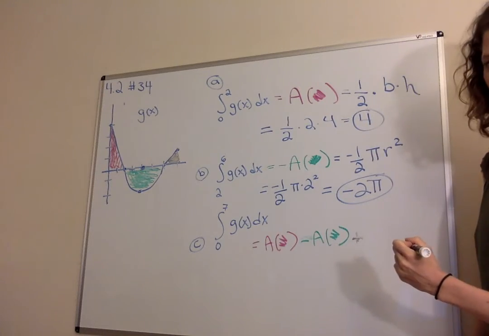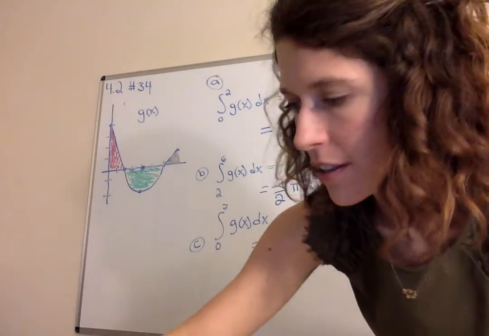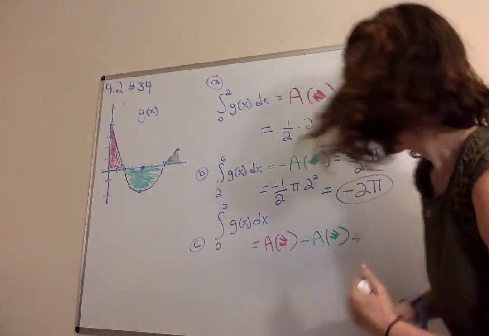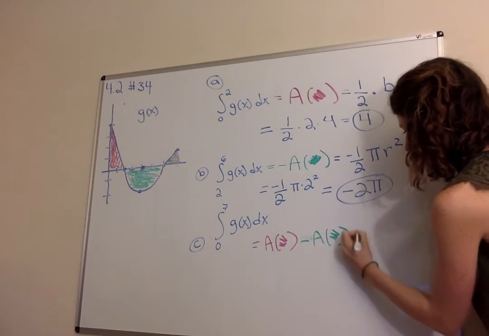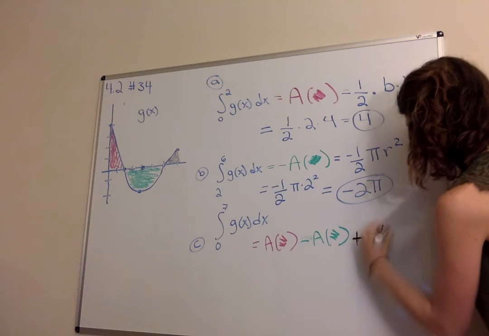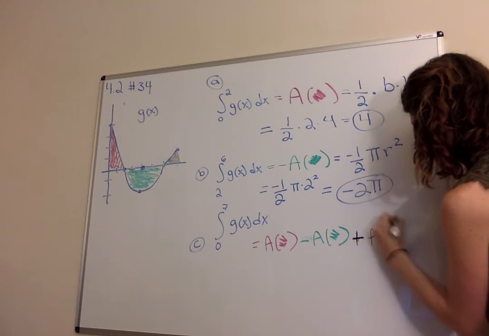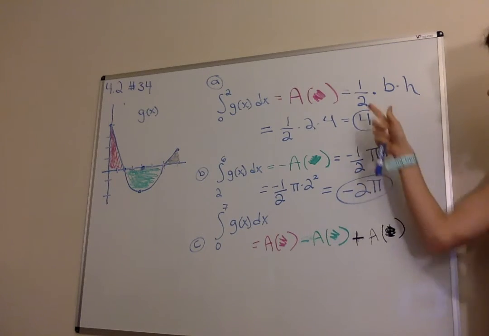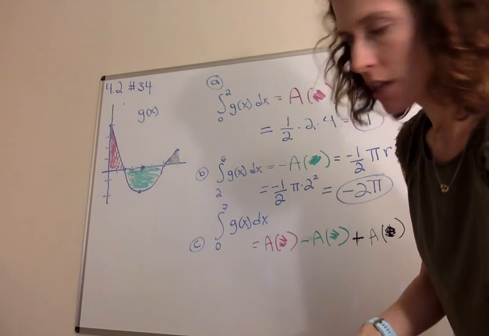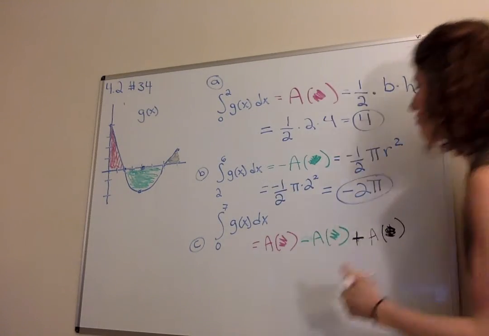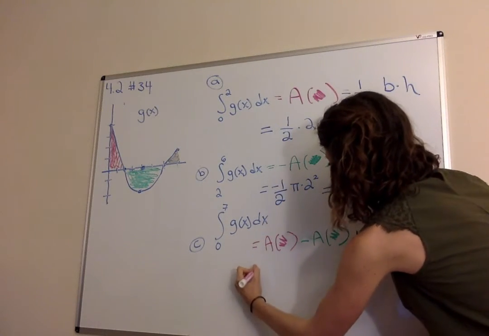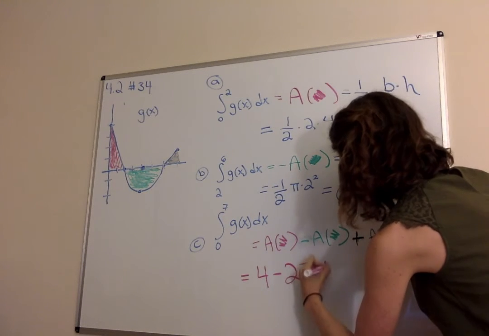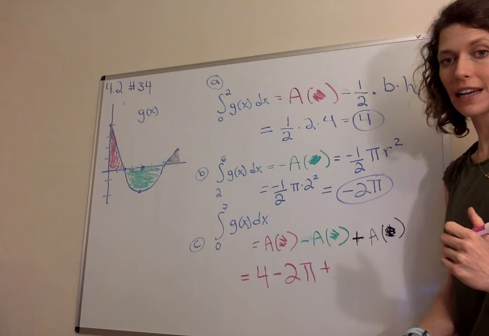And then we're going to add back in, ooh, that black marker is not very good. Let's see if I've got another one. Ta-da. Okay, so plus the area of this black triangle. I already figured out the area of the pink and the area of the green in the previous two parts, so I'm going to have 4 minus 2 pi plus whatever that black area is.